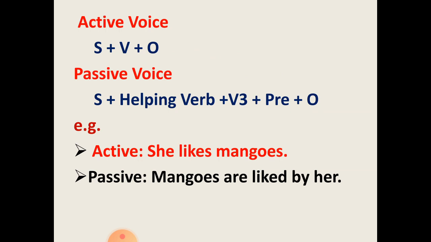So mangoes, and after that likes becomes are liked, because in passive voice we always use the third form of verb, and the helping verb is changed according to the verb given in active voice. After that we add by, and the subject she becomes the object her. So the answer is: mangoes are liked by her.